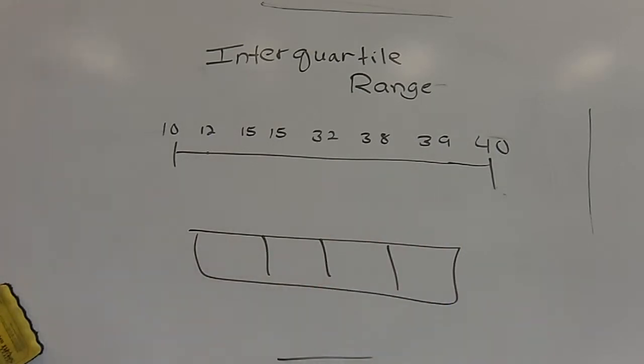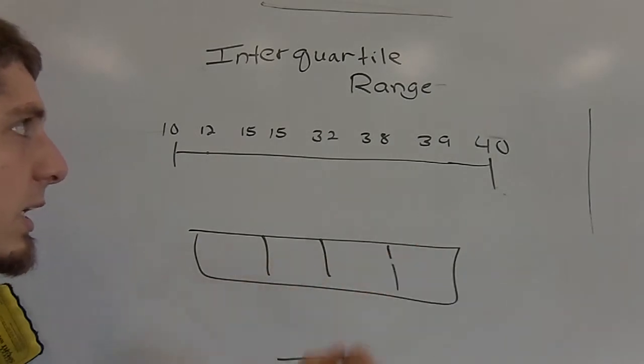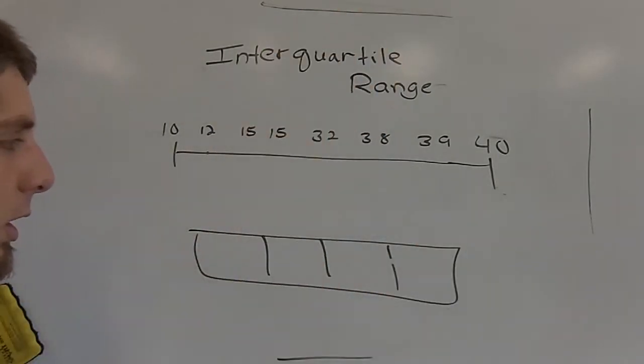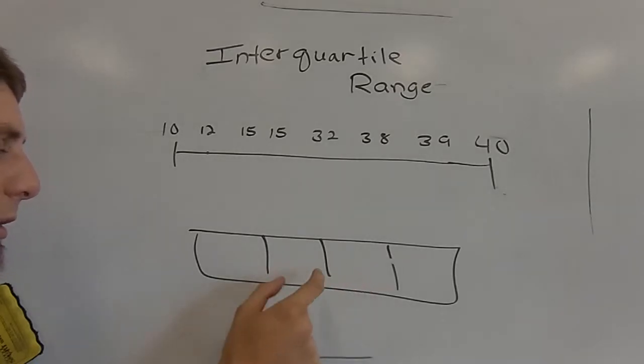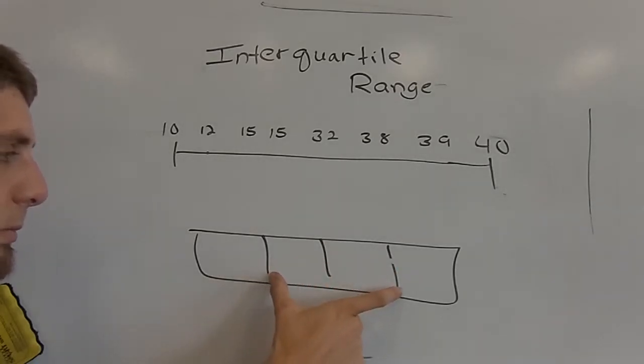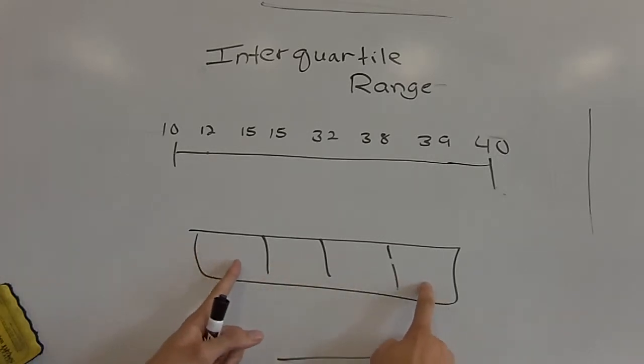So if you split your data up into 4 equal pieces, then you will have 4 quartiles, and the interquartile range will be the distance between the 2 inner quartiles. These are the 2 inner quartiles, and these would be the 2 outer quartiles.